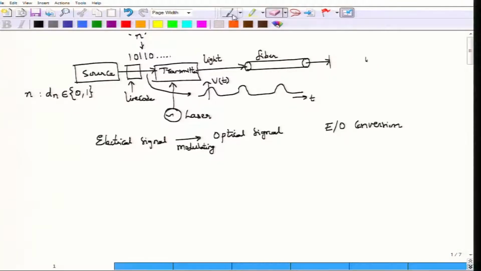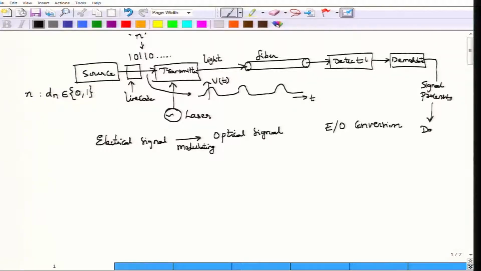Detection means detecting the parameters of light, which most often means detecting phase or amplitude or power. So, you first have to detect by using a photo detector, then demodulate to obtain the signal which has been transmitted. You could of course do some signal processing here and then finally retrieve the data symbols. So, you finally have the data symbols which have been transmitted.